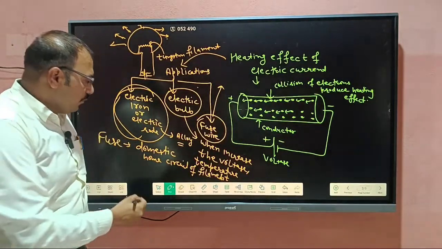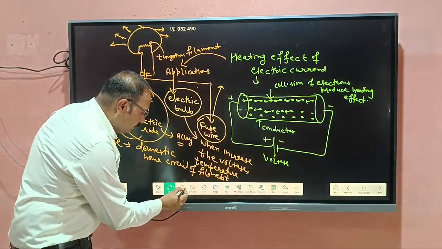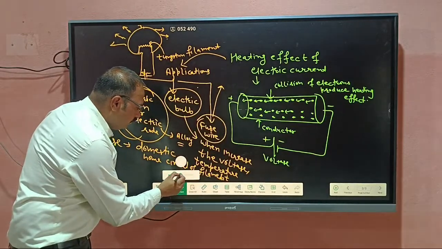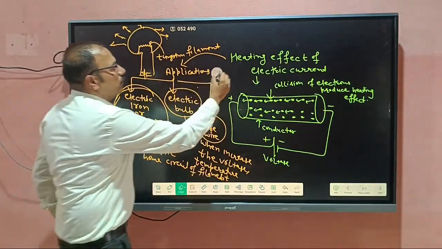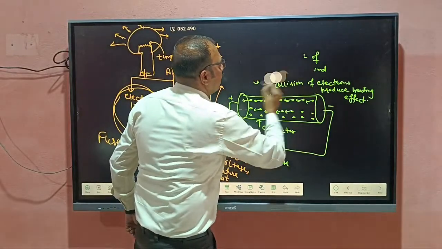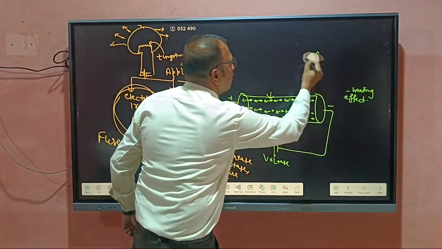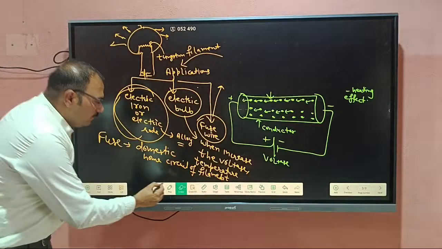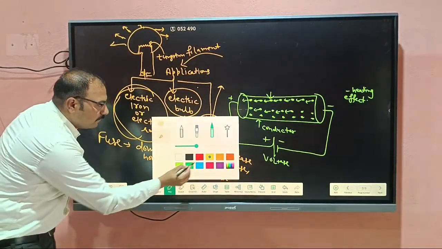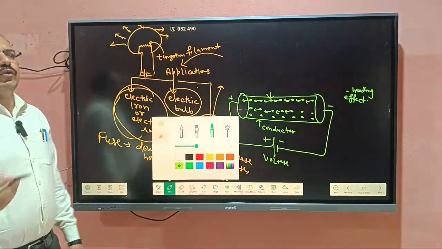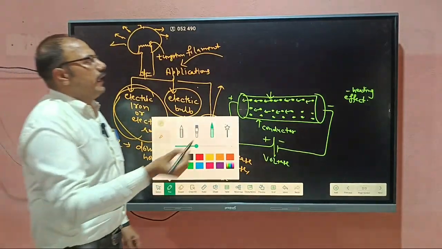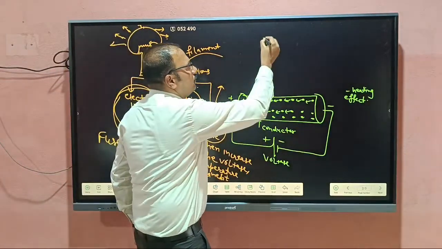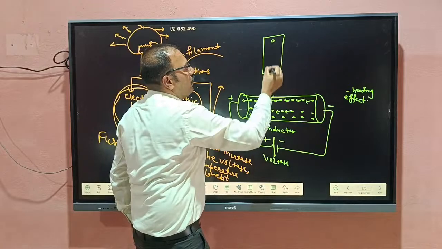To avoid heavy current. Basically, a fuse wire contains an alloy or a copper electric wire like this. So this is a fuse.